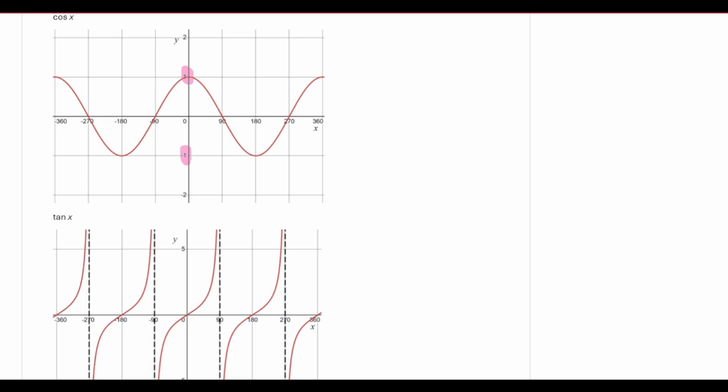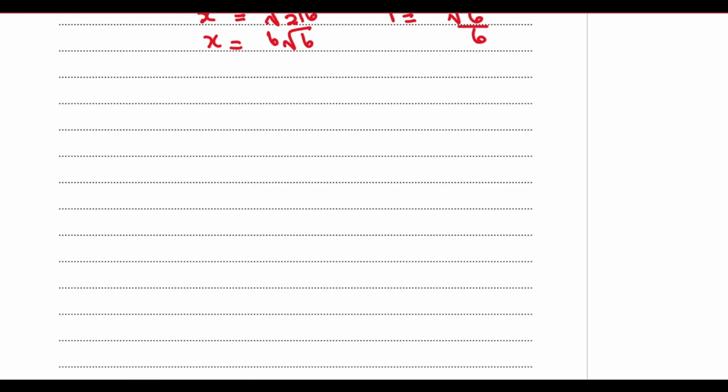So I'm going to the tree graphs again. So Un, or sometimes we call it Tn, the general term is ar^(n-1). Now we have the fourth term, and we have r, square root of 6, and n minus 1, which is 4 minus 1.